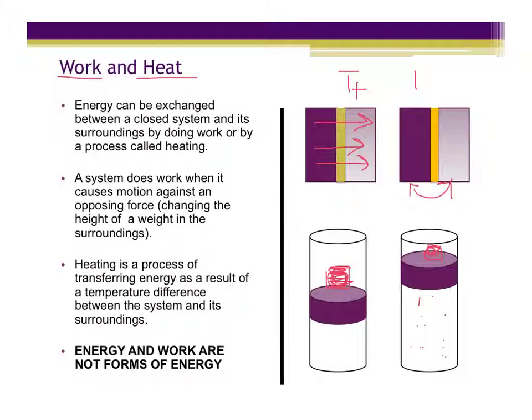Anytime you have two objects in contact with one another at different temperatures, heating will occur, because heat has a tendency to flow from the warmer body to the colder body until those temperatures are equal.